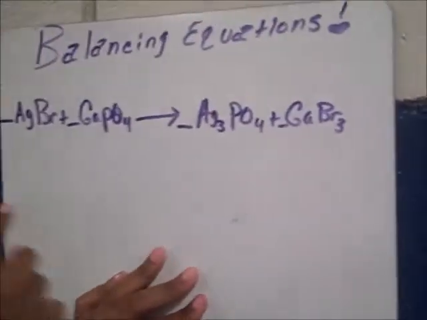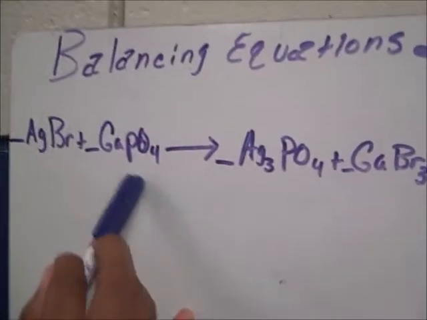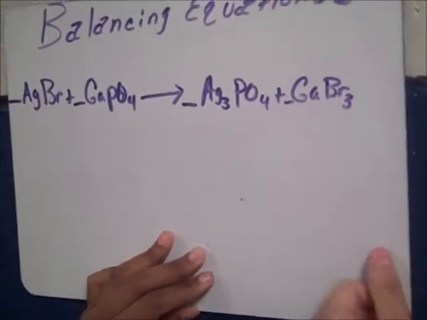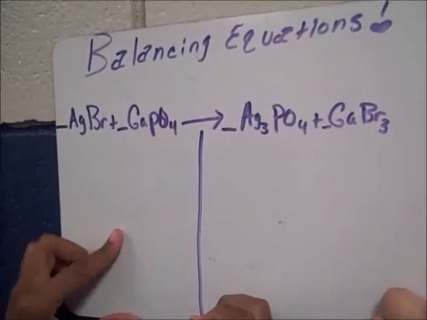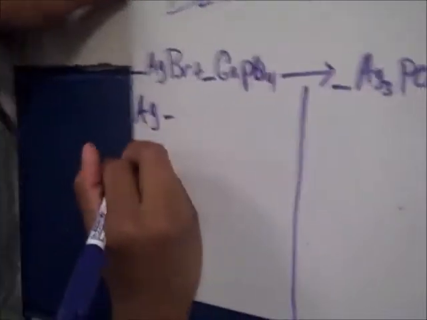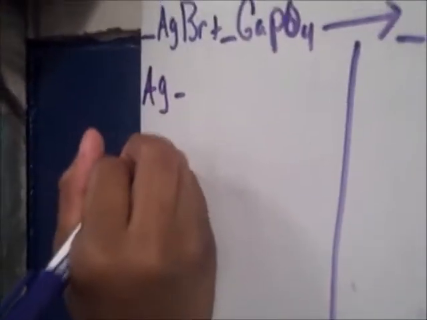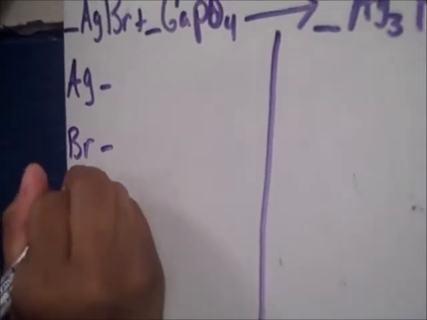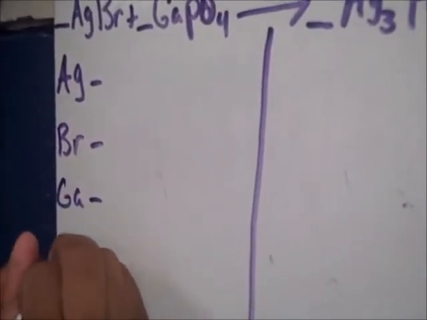Okay, for this one you have AgBr, GaPO4, Ag3PO4, GaBr3. You're going to draw your line down there. You're going to write out your little things. You have Ag dash Br dash Ga dash and PO4.